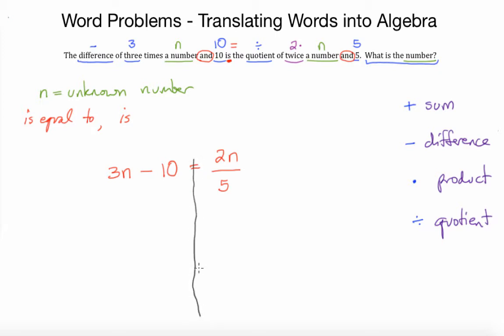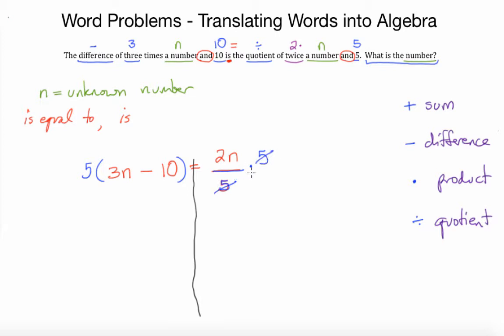Working with fractions, what I always love to do is multiply both sides just to remove all fractions. It helps me keep an exact answer all the way to the end. So I'm focusing in on this 2 divided by 5. I'm going to multiply everything by 5 on both sides. I've got to make sure I multiply everything. So on the right side, 2n divided by 5, but then also multiplied by 5, those just cancel each other out.